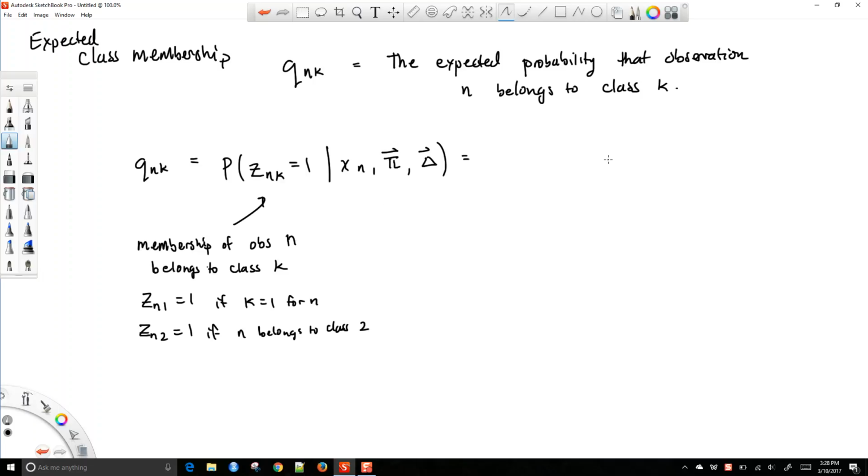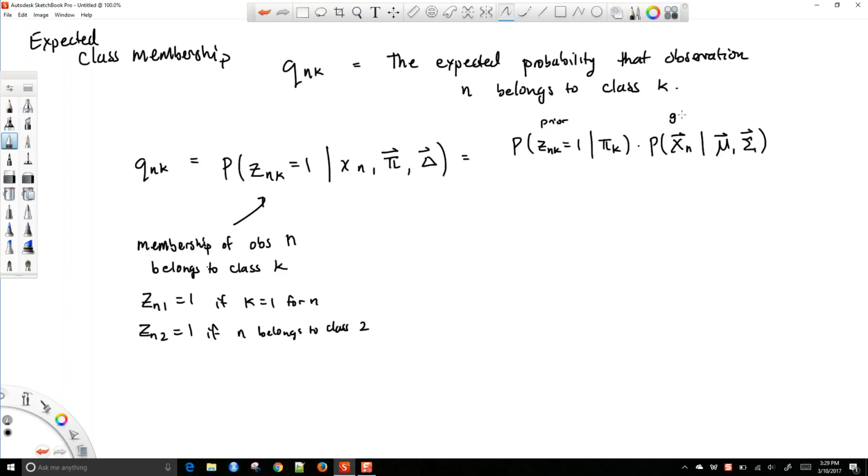All right. So think naive Bayes. How does this work with naive Bayes? This would be the probability that z_nk is equal to 1 given, this is kind of like our prior times our likelihood, and in this case, if we're dealing with a Gaussian, we've got mu and we've got sigma, yeah?